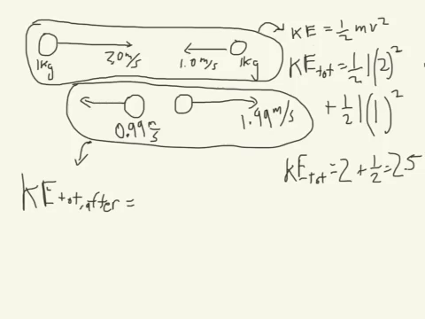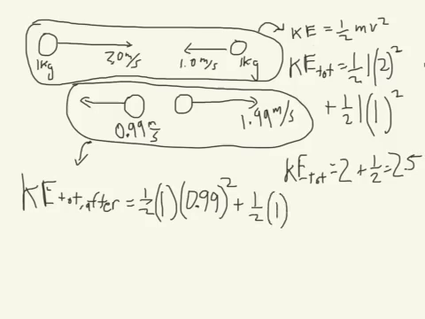We have half mv squared for the ball on the left. Is half times its mass of 1 times its velocity 0.99 squared, and then we add that to the kinetic energy, the half mv squared of the second ball. There's half times its mass of 1 times its velocity squared.